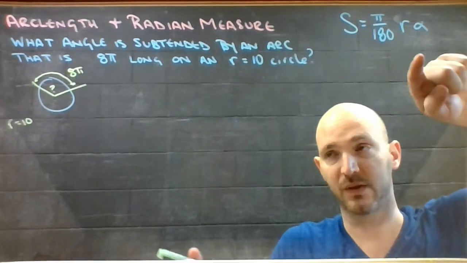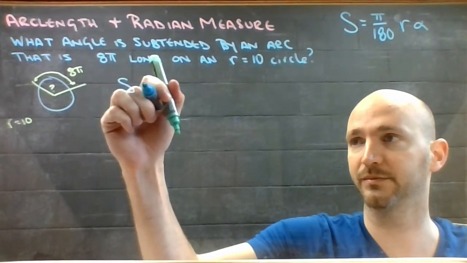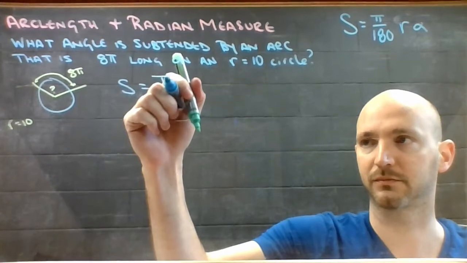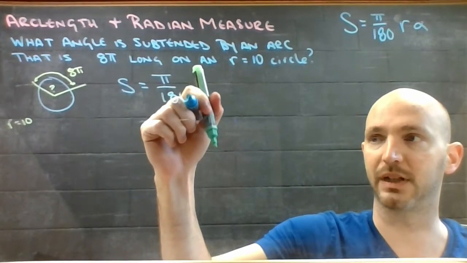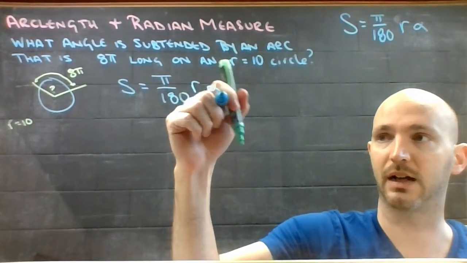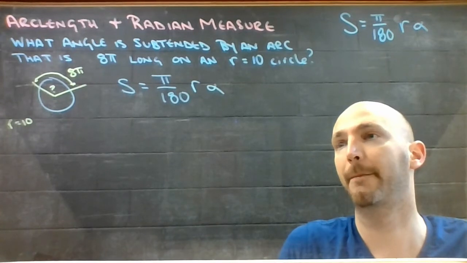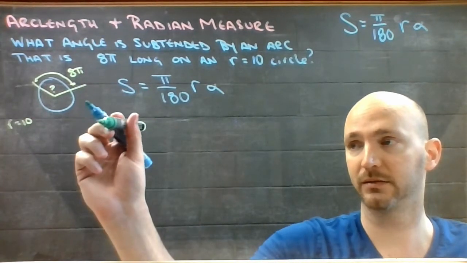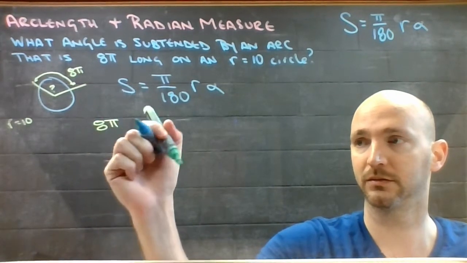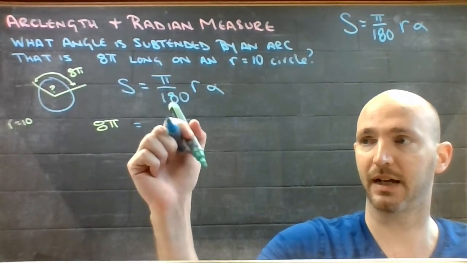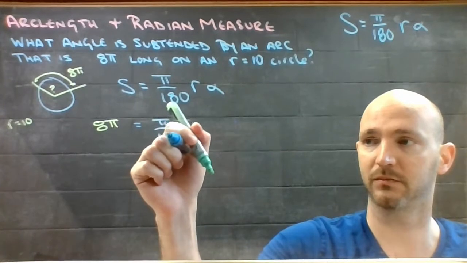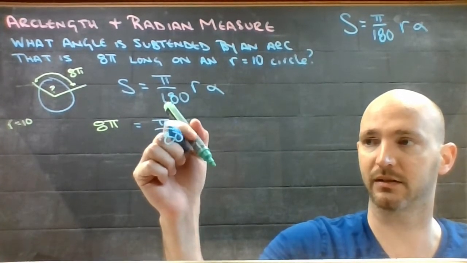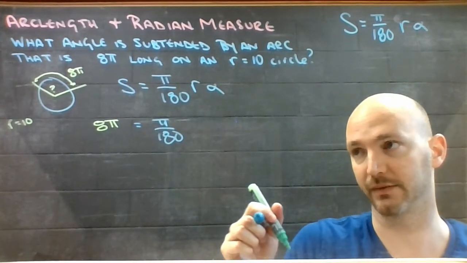So I'm just using this arc length formula, pi over 180, r alpha. And the length of this arc is 8 pi. And I've got pi over 180, which is annoying that that constant is there, but whatever.